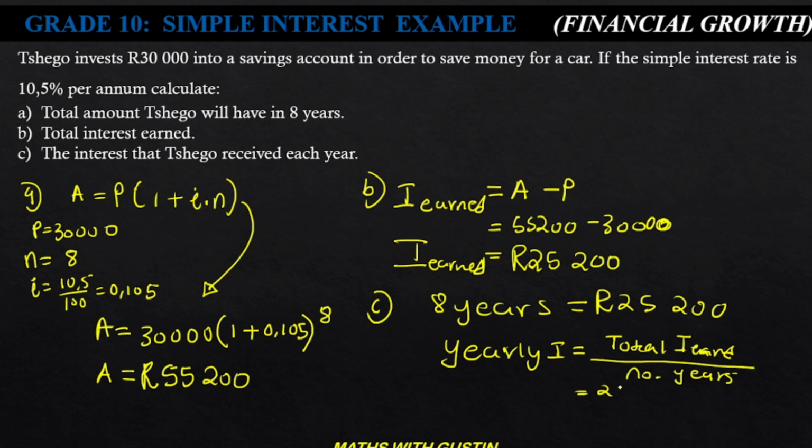In this case, it's 25,200 divided by 8, which gives us 3,150. What does this mean? It means each and every year she is getting 3,150. The bank is giving a lot of interest in this investment account, but this is solely for the purpose of illustrating how you would deal with questions like this one.